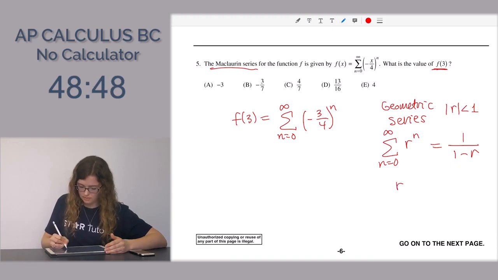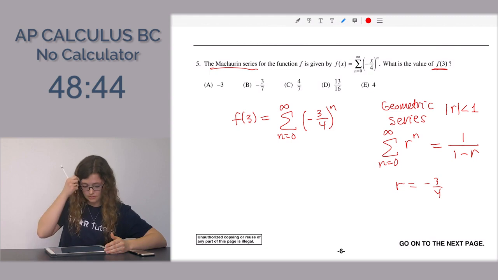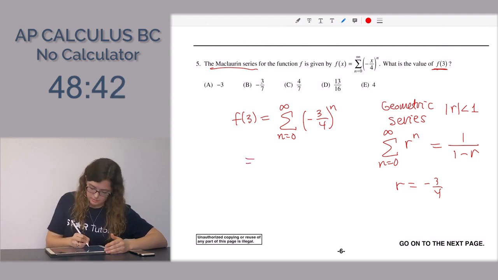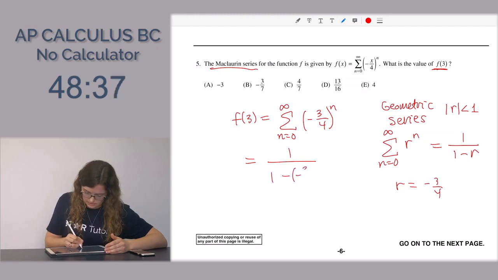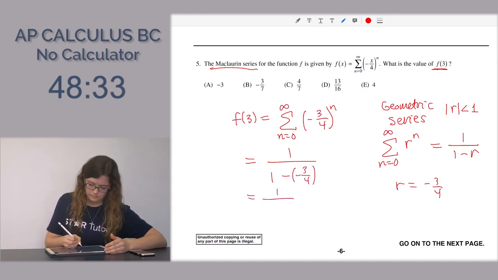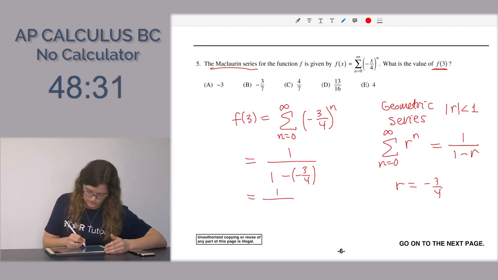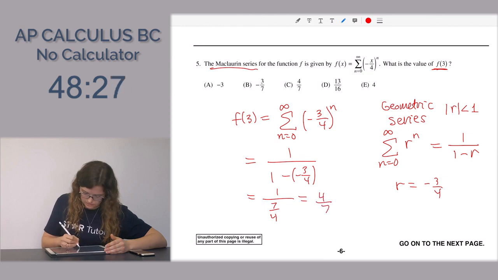In this case, we have r equal to negative 3/4, which has absolute value less than 1, so this will converge. And so we plug this in, we get 1 over 1 minus negative 3/4, which is equal to 1 over 1 plus 3/4, which is 7/4. So this is 4 over 7.